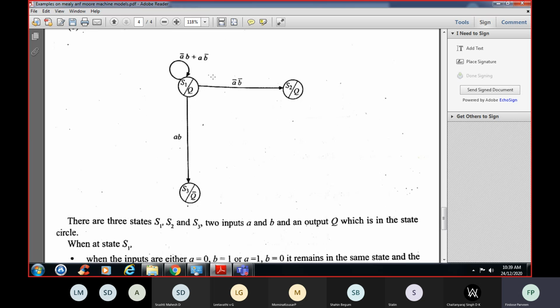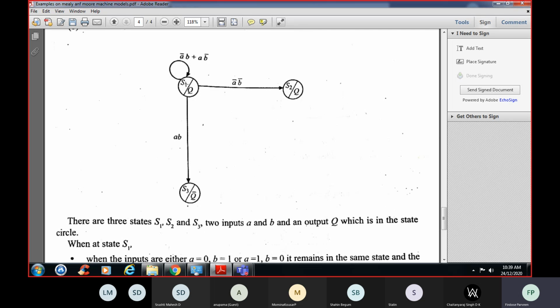Seeing the diagram itself, we can tell which machine it is. It is a Moore machine. Why? Because the output is indicated within the state circle itself. This is called the state circle. Within the circle itself, the output is mentioned. So S1 is one state, S2 is one state, and S3 is one state.